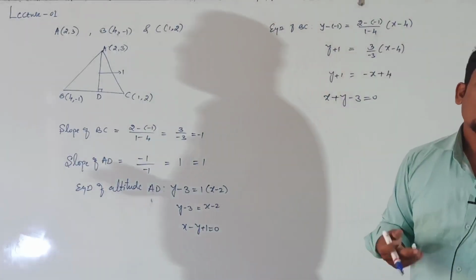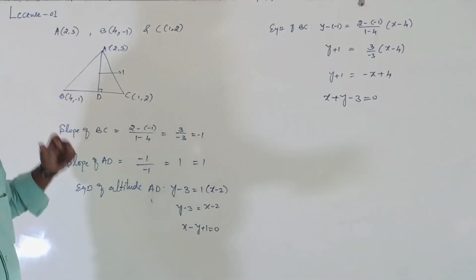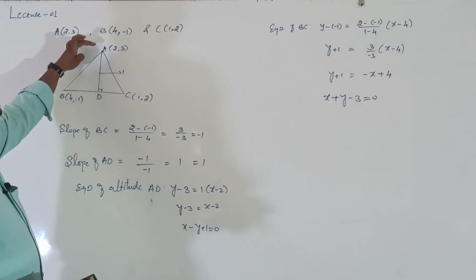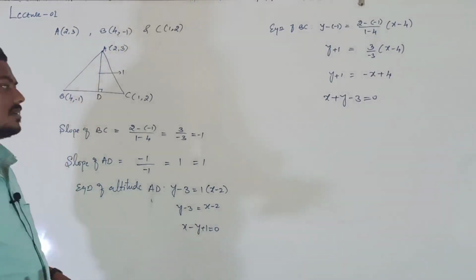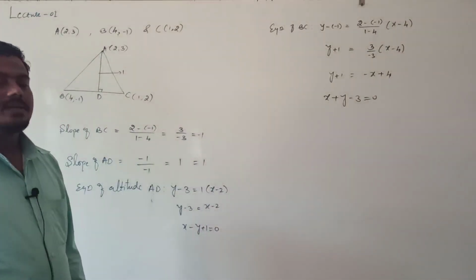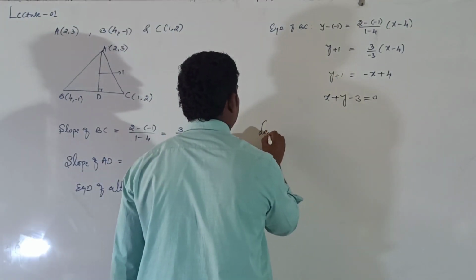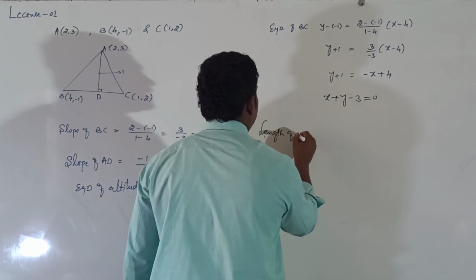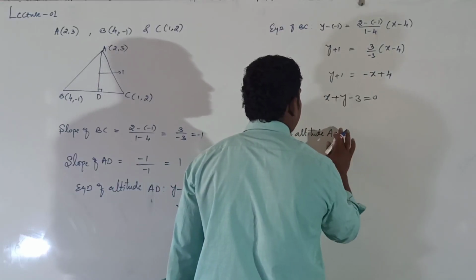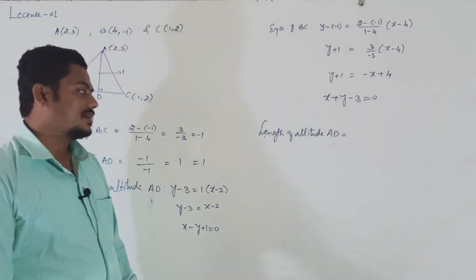Now we get the equation of BC line, but our requirement is the length of altitude AD, right? Length of altitude AD is nothing but the distance of point A from line BC, right? Distance between point and line only.